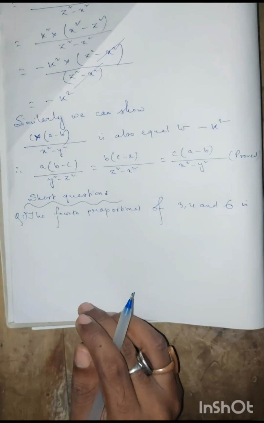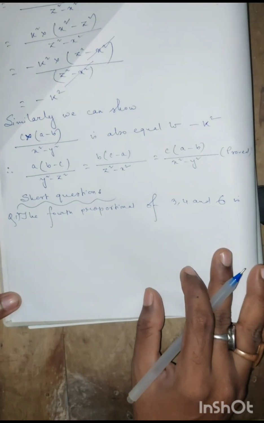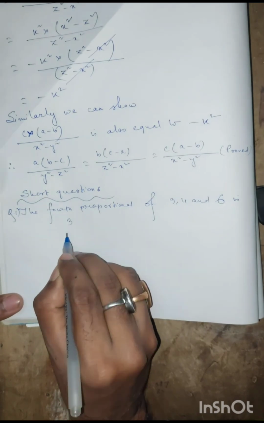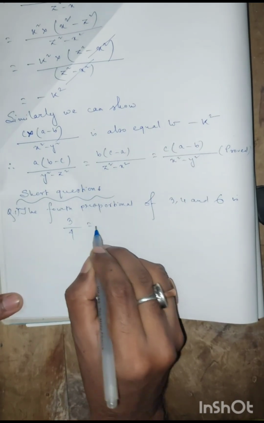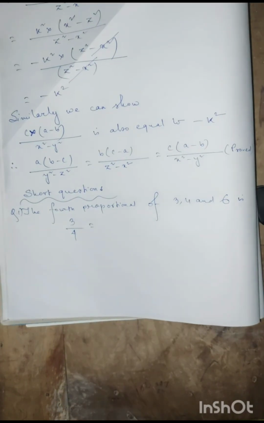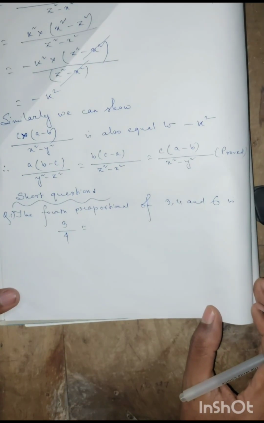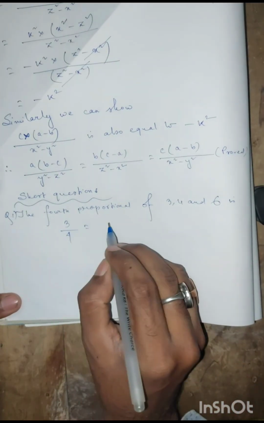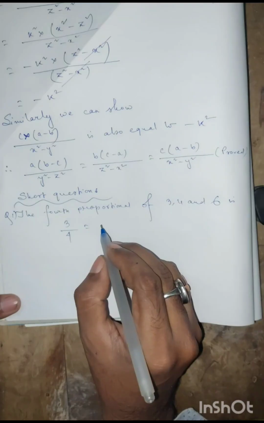The fourth proportional of 3, 4 and 6 is... Let the fourth proportional be x.